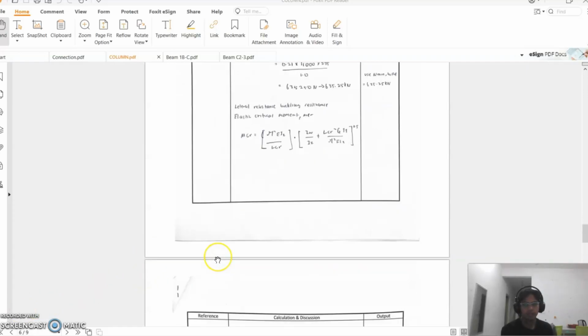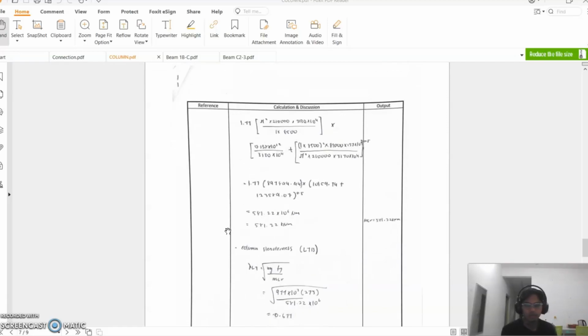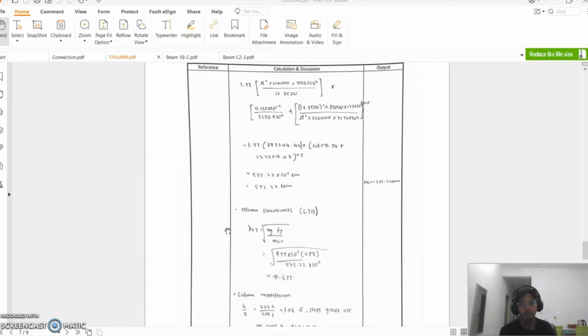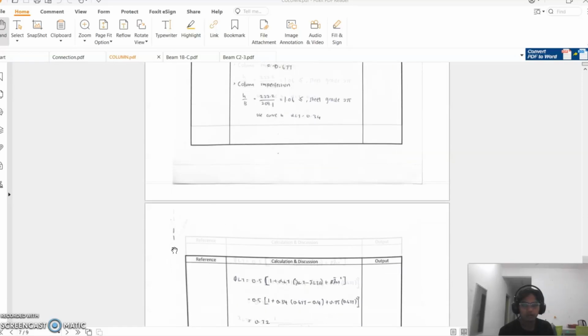And we go for MCR. For the value of MCR, we need to follow the steel column design standard, and the value is 581.22 kNm. For the column slenderness, the value is 0.677. The imperfection factor for the column uses curve B, which is 0.34.